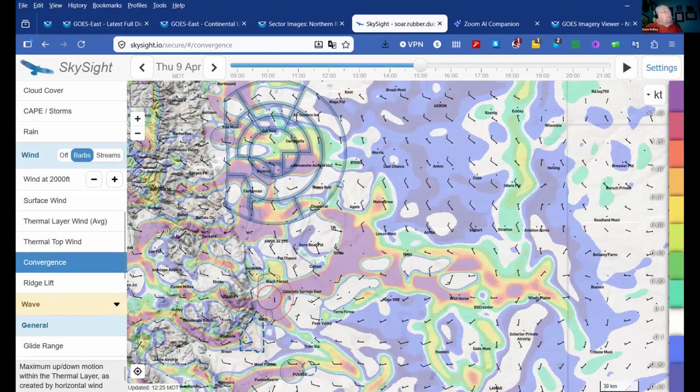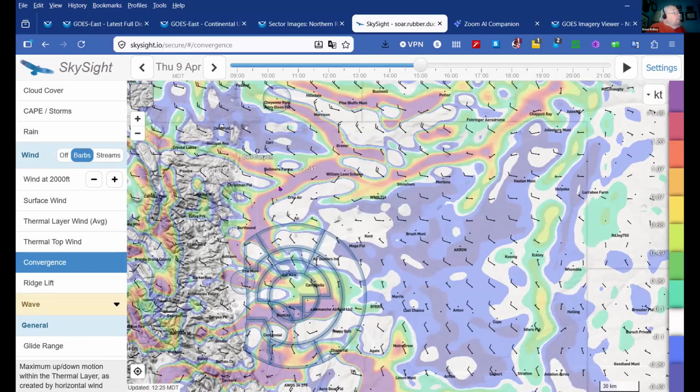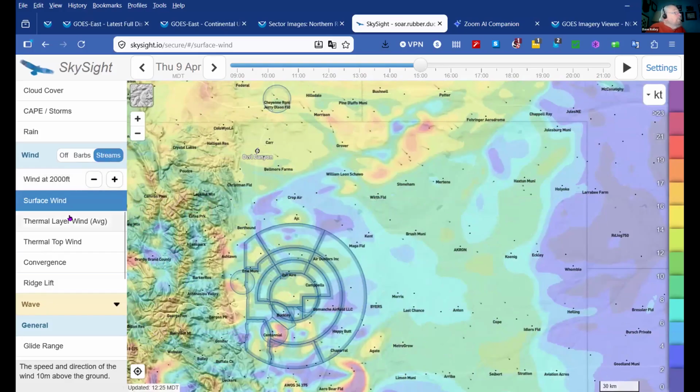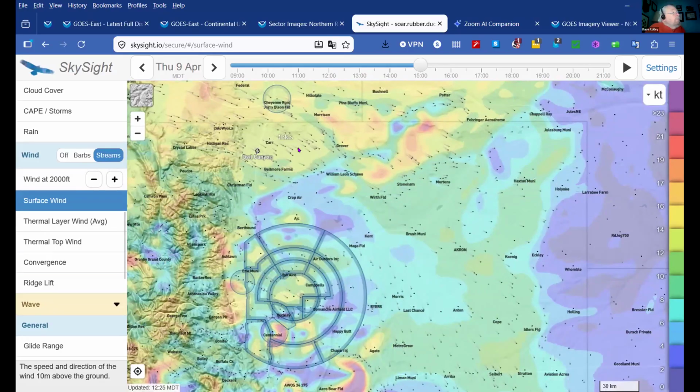Now we start to get into some of the interesting things. Maximum up and down motion within the thermal layer, as convergence lines are created by the moving air masses. Now let's go back up here. Remember when we were looking up here earlier, we were seeing some interesting wind flow. Let's go back over here, turn the streams back on, and let that build for a few seconds.